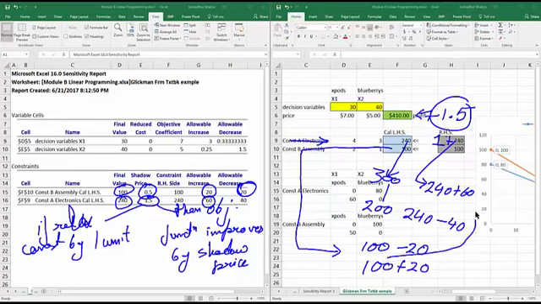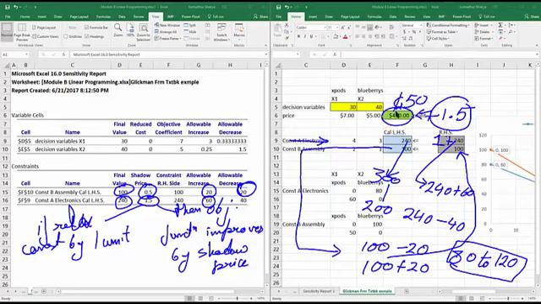This 100 is coming from the right hand side variable for the assembly department. So we have a range of 80 to 120. For this range of assembly department, we can expect the profit to change by 50 cents for every 1 hour increments or changes in the assembly department. Okay, so combining all of this information, it's very, very powerful.